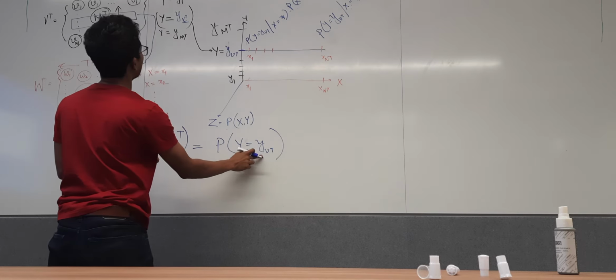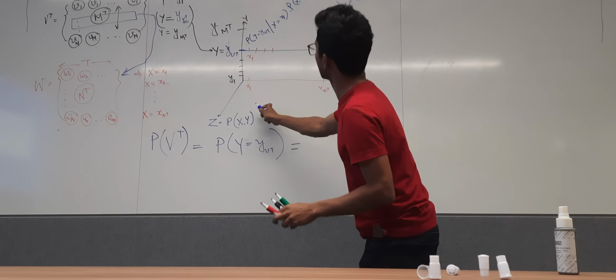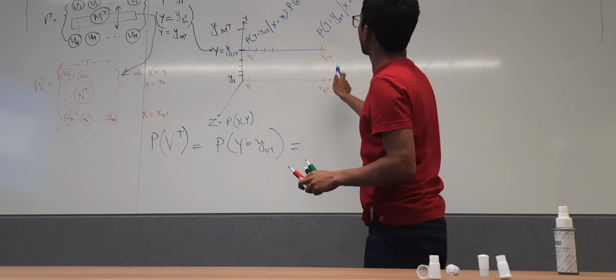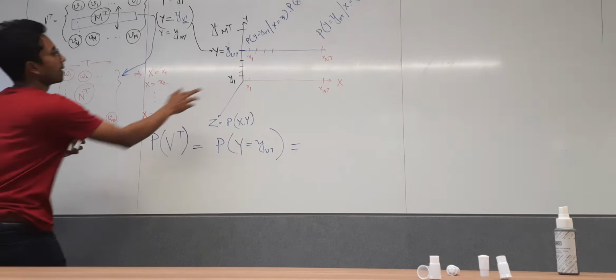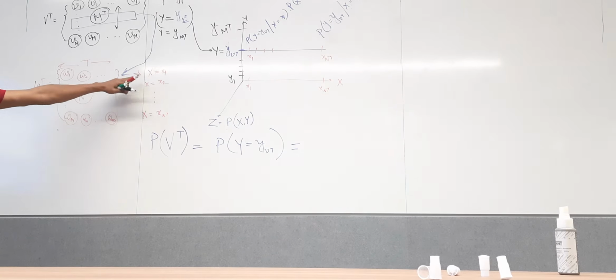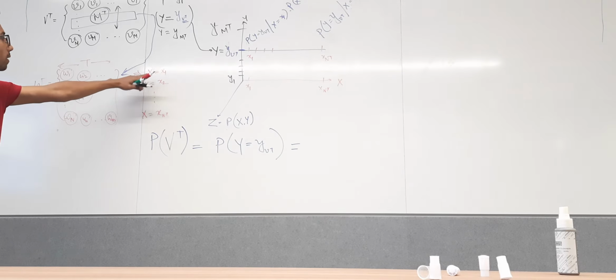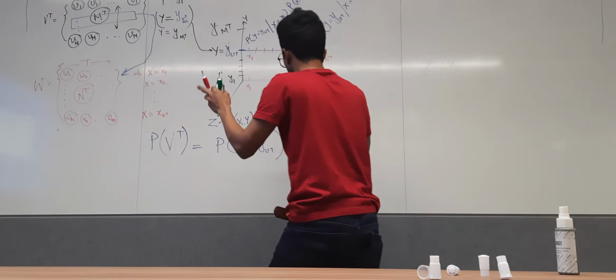That random variable there is nothing but conditioned on another random variable x. These are the x's. So I can write it using the total law of probability.